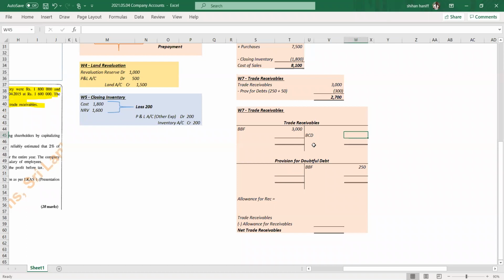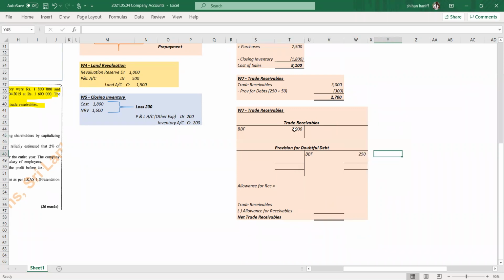So closing balance of the trade receivable also same. Right? No bad debts. So allowance or provision for doubtful debt is 10%. 10% of 3,000 equals 300.